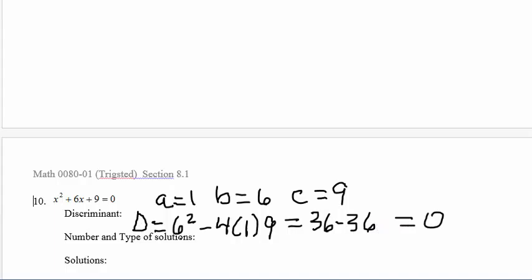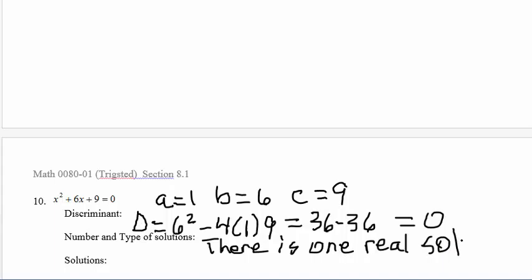So whenever the discriminant is 0, there is one real solution. And a lot of times this is called a repeated solution.